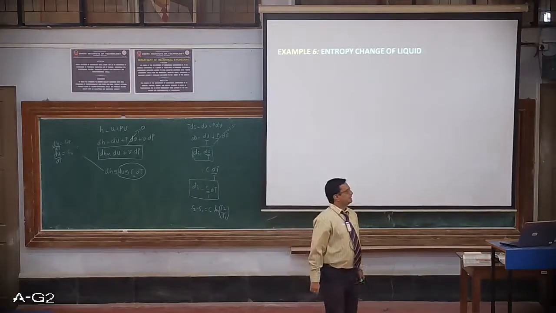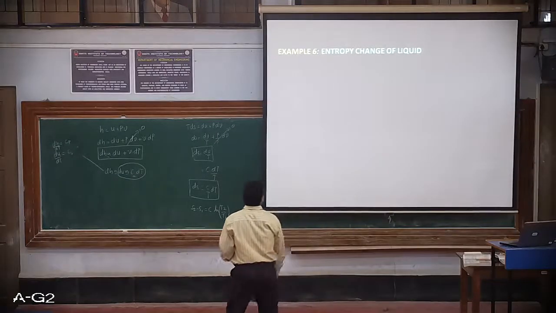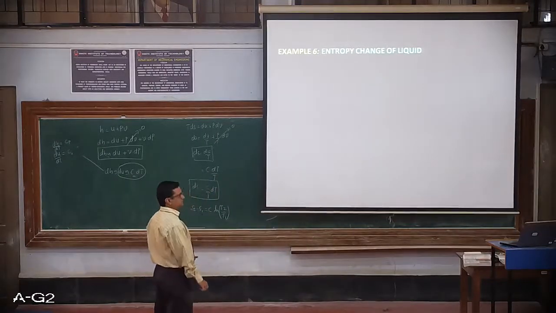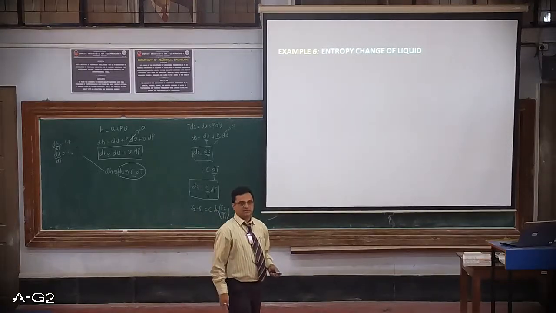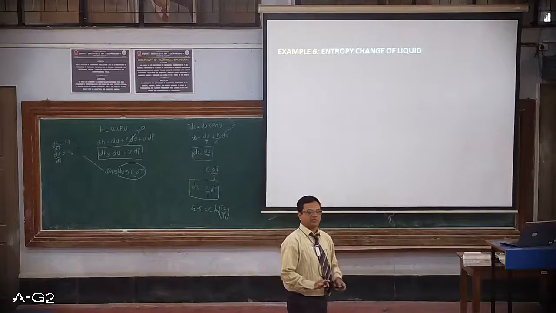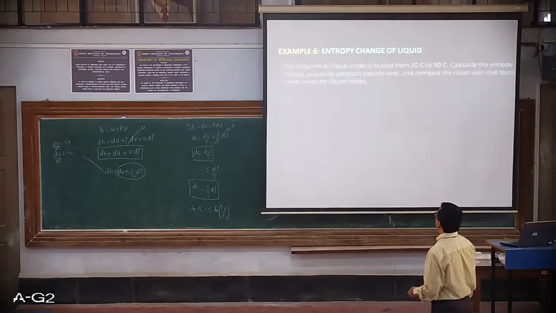Let's take an example of how the entropy change of a liquid can be considered. The same thing is applicable to solids. I'll be taking only one standard example on liquid to evaluate the change in entropy.